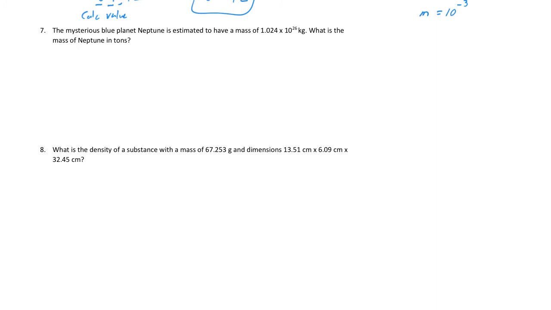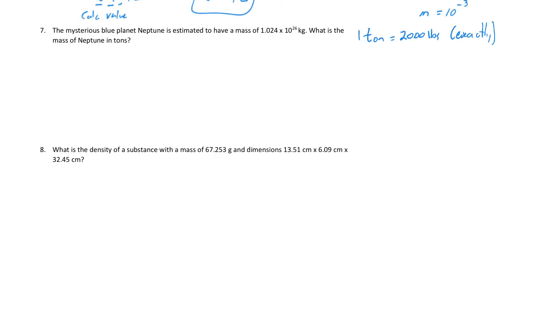If we look at the first page to see what conversion factors we have available, we have one that says 1 ton is equal to 2,000 pounds exactly. So that must be a definition. And then we also have a conversion factor between pounds and grams.